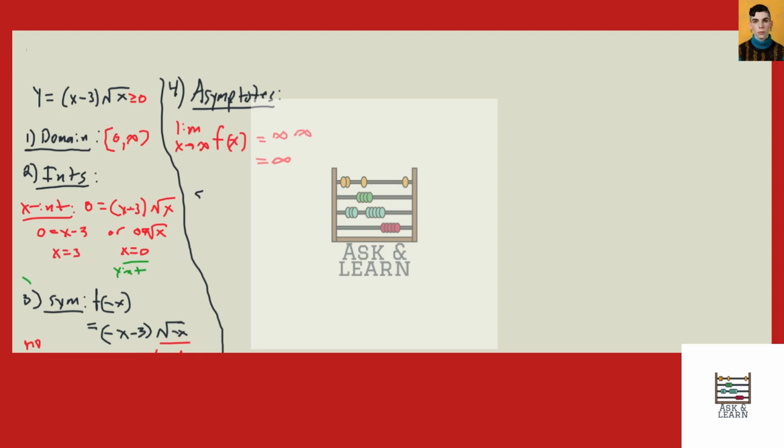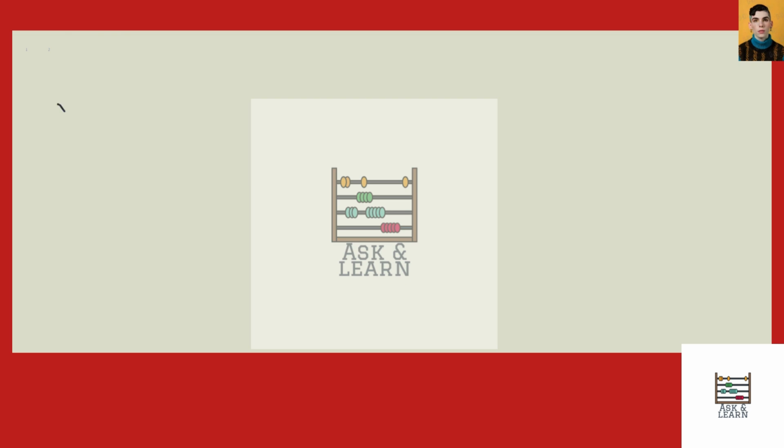The next thing they want us to do is to determine where our function is increasing and decreasing, and I'm going to lump this in with the next step of finding our local maxes and mins. To do that, we need to know what y prime is, so let's do that on another page.